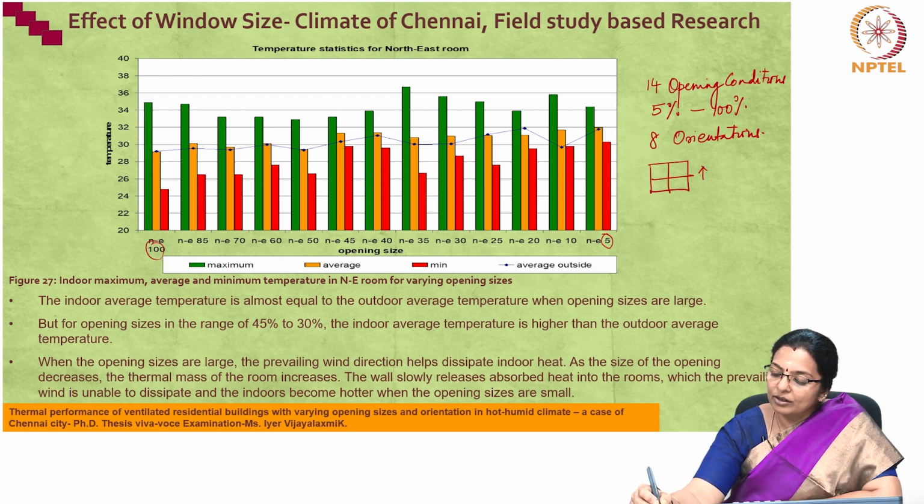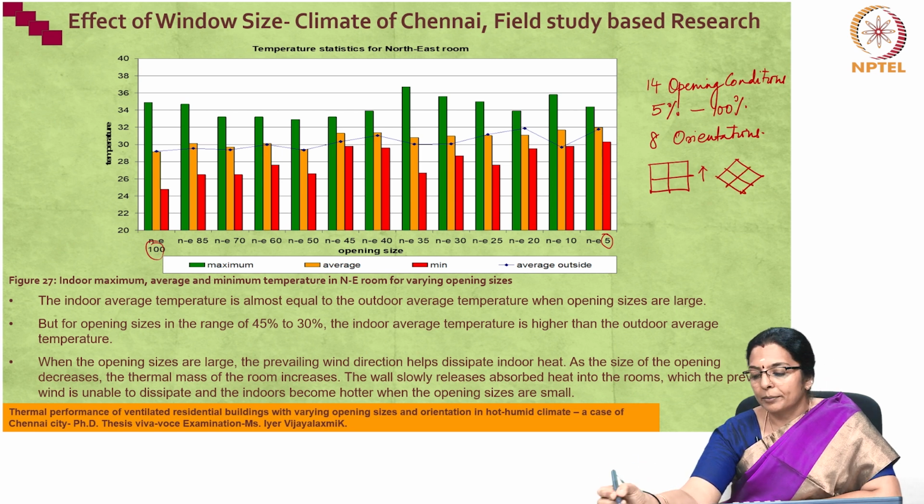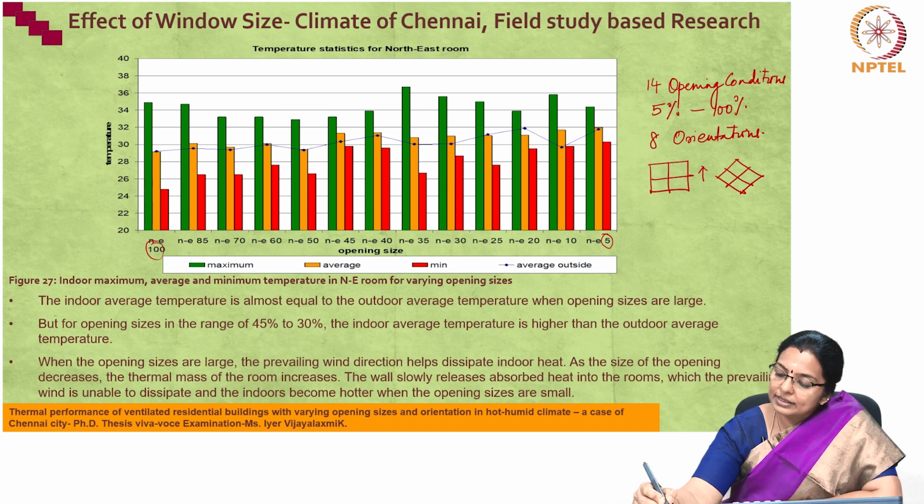Four of these are cardinal orientations, and another 4 are semi-cardinal: the northeast room, southeast room, southwest, and northwest. Here in this slide, we are discussing the indoor temperature in the northeast room alone.